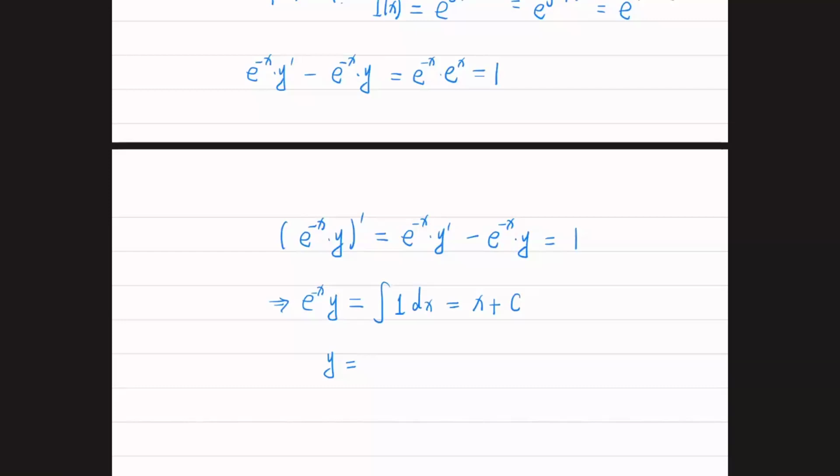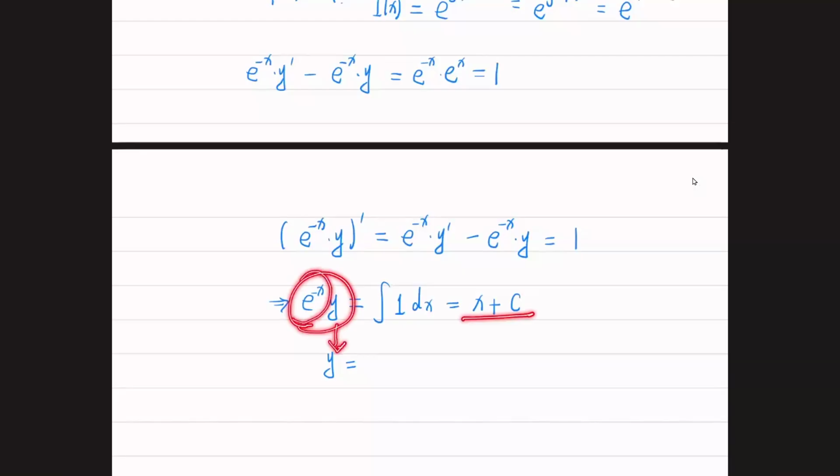So we have the product is x plus c, divided by e to the negative x.